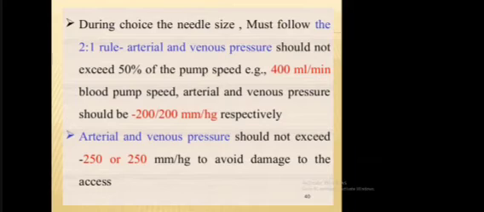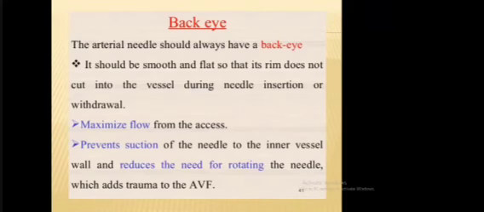For example, with a blood pump speed of 400 ml per minute, arterial pressure should be minus 200 and venous pressure should be 200 millimeter mercury respectively, and should not be more than that. Arterial and venous pressure should not exceed minus 250 or 250 millimeter mercury, to avoid damage to the vascular access.